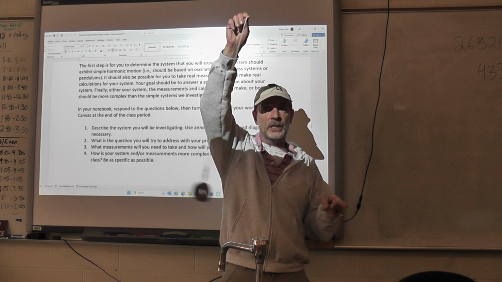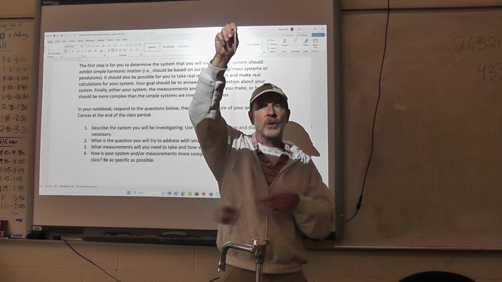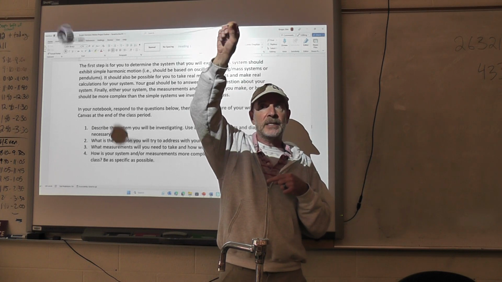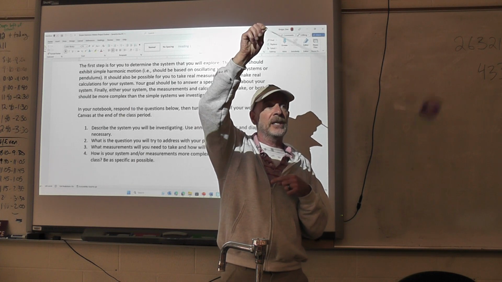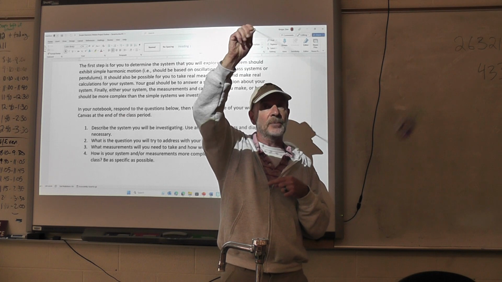This object is not moving side to side, it's just mostly moving side to side. But the more I increase the amplitude, the less side to side it is, and the less the motion is actually harmonic. So this is no longer exhibiting simple harmonic motion.